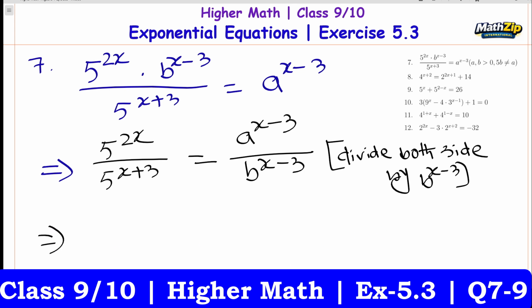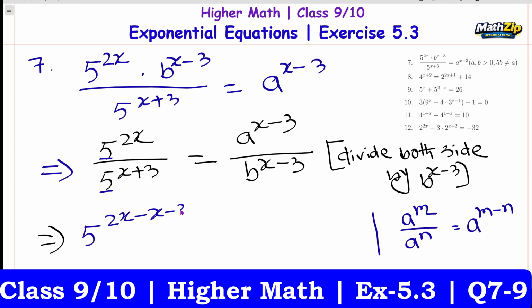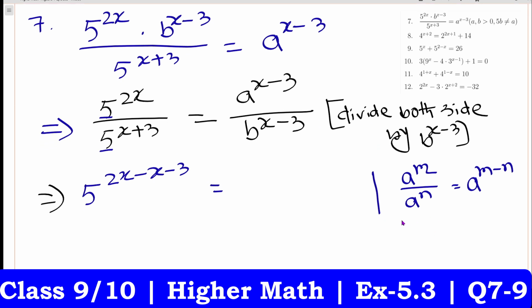Now we know once bases are the same, a to the power m divided by a to the power n, in division we can write a to the power m minus n. Same thing here, the bases are the same, which is 5. We can write 5 to the power 2x minus x minus 3, right? And here is another thing.